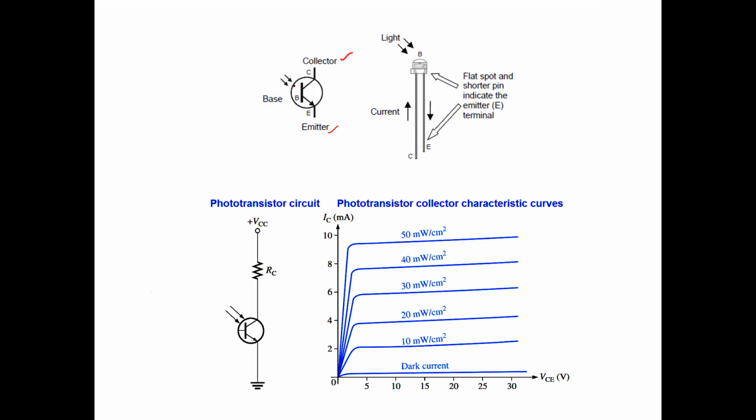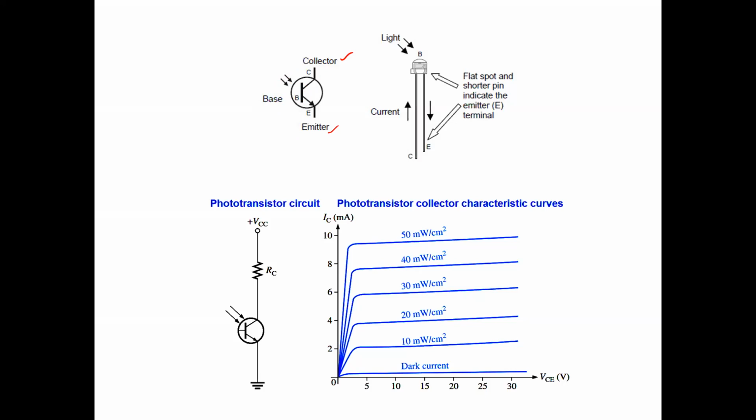Rather, there is an enclosure so that the light can enter towards the base. In case of BJTs, you have to provide external voltages between base to emitter and base to collector to provide proper biasing between the 2 junctions in order to operate in a particular mode of operation.